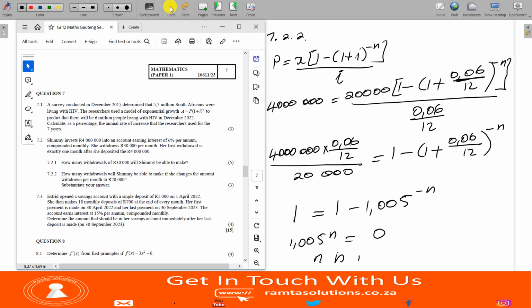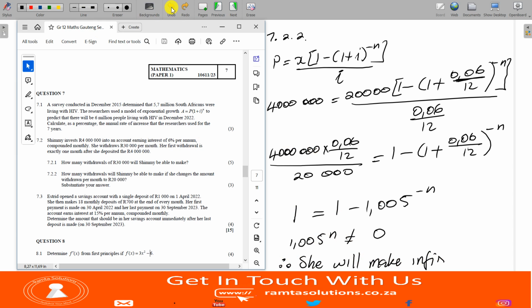It is not possible that this can be 0. So this is not possible. Therefore, what does it mean? It means she will make infinitely many payments.